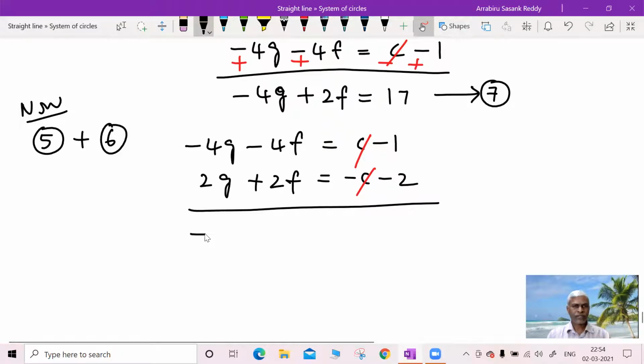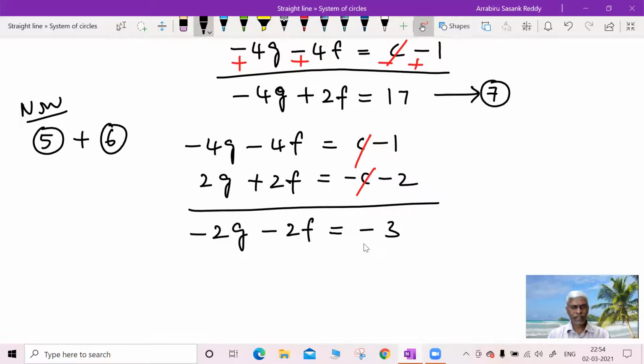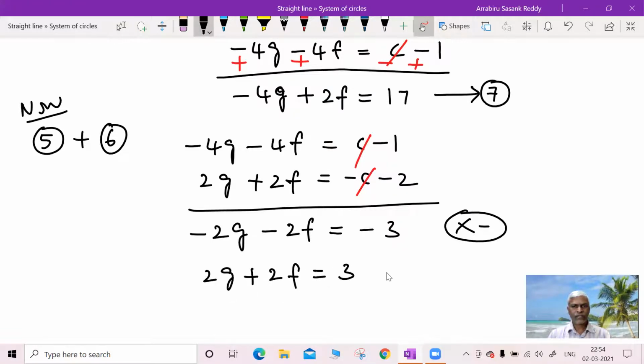Minus 4g plus 2g, minus 4f plus 2f, is equal to minus 3. So multiplying with minus, 2g plus 2f is equal to 3. Let us take this as equation 8.